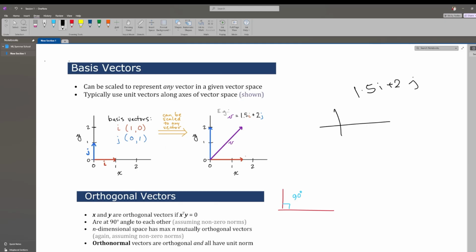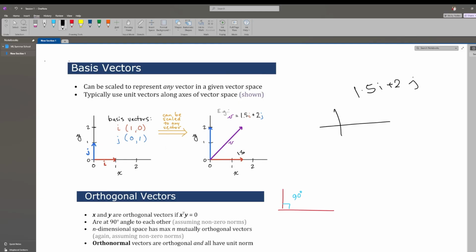How? What is this 1.5? In this, let's just see this one. This is 1.5, this is 1. That means in the x-axis we have to go 1.5 units, and in the y-axis we have to go 2 units. That means we are using these basis vectors.